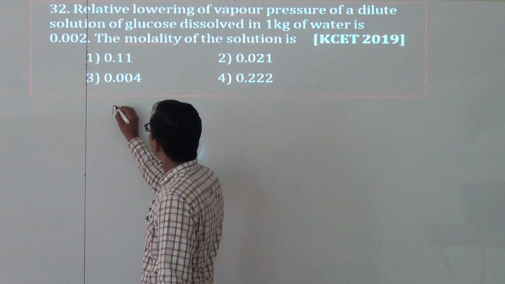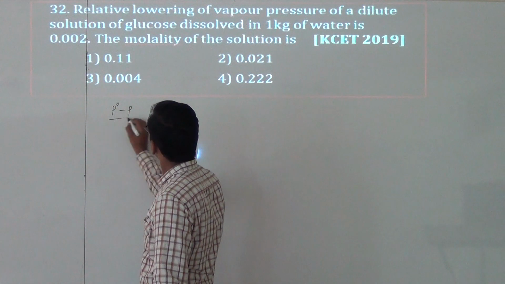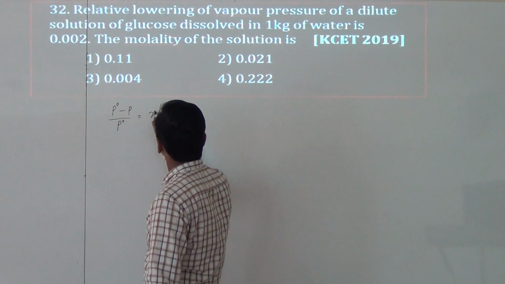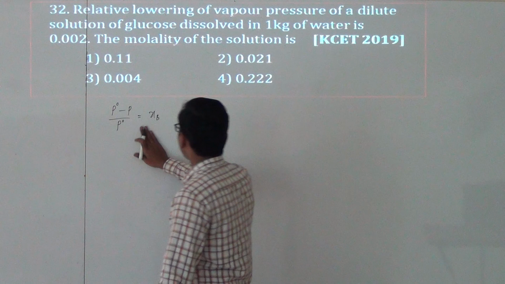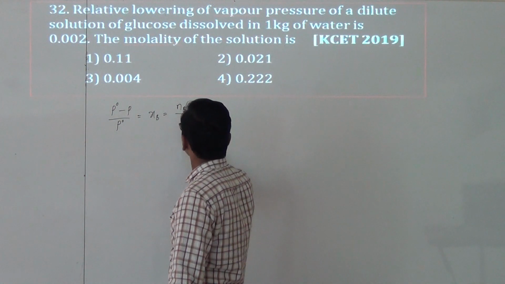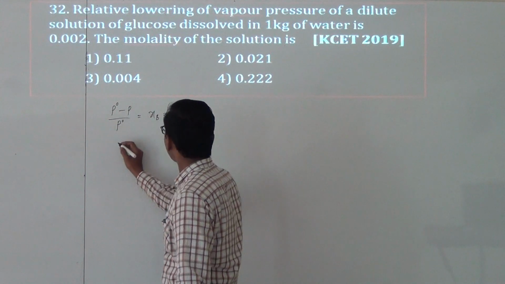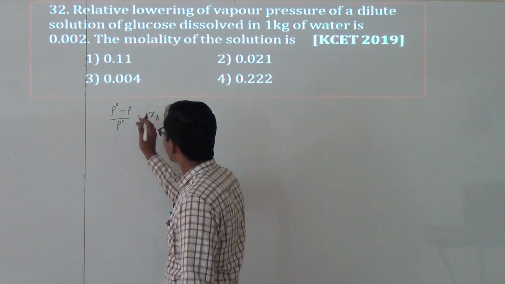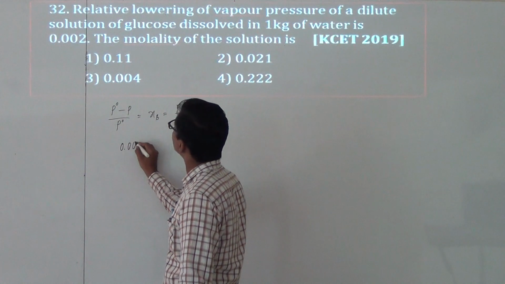Relative lowering of vapor pressure (P0 minus P) by P0 is equal to XB, and for a dilute solution XB is equal to NB by NA. The relative lowering of vapor pressure is 0.002.